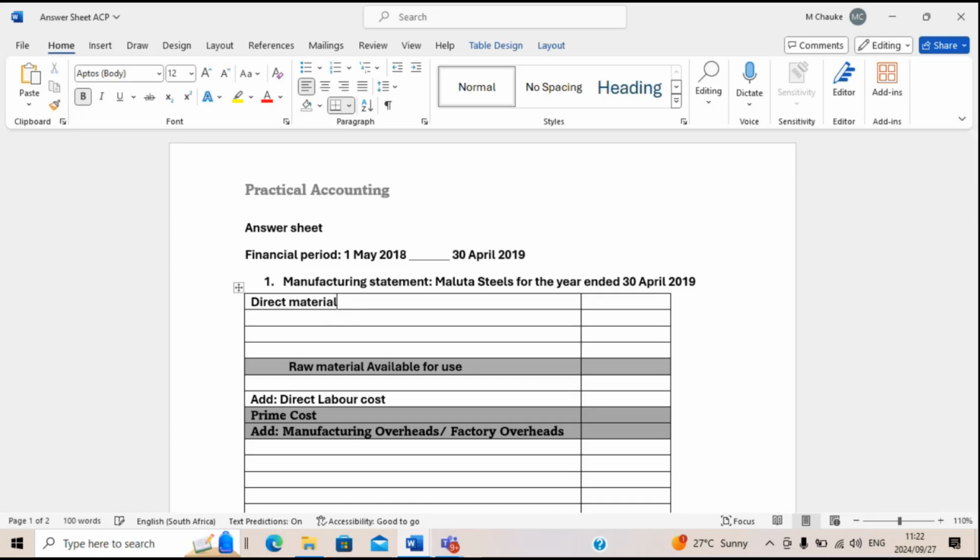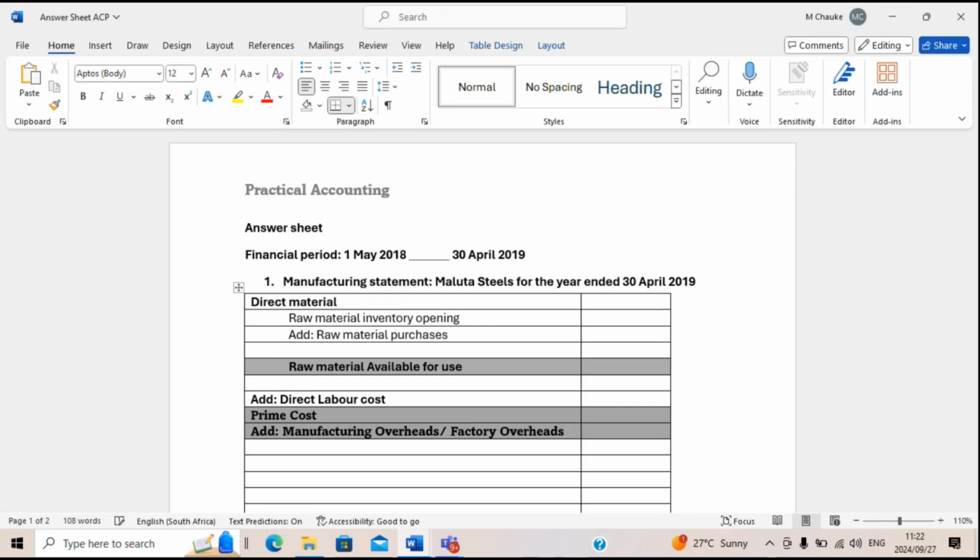So now our direct material cost is equal to raw material at the beginning, or raw material opening, raw material inventory opening, and then you add the raw material purchases.